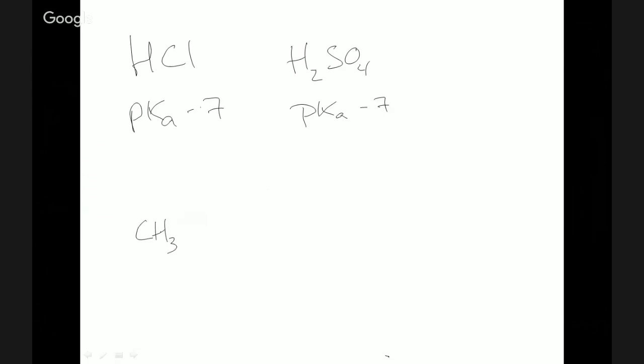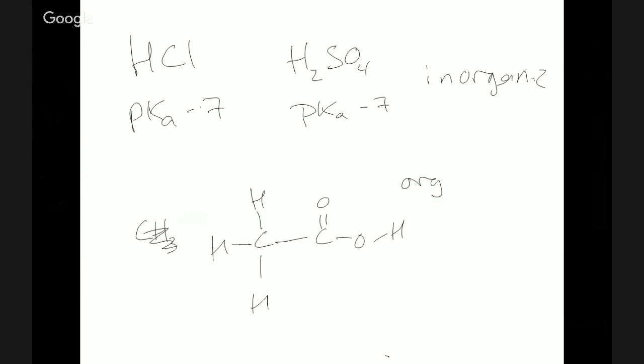Now, an organic acid, let's draw out my CH3. It's not nearly as acidic, but it's an organic molecule. These up here are called inorganic acids. This is organic because it's got carbon-hydrogen bonds on it. The pKa here is only 5.